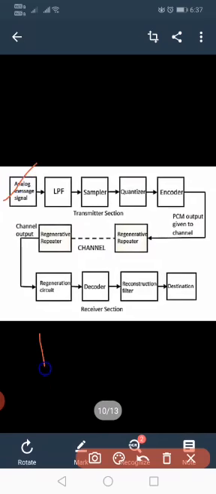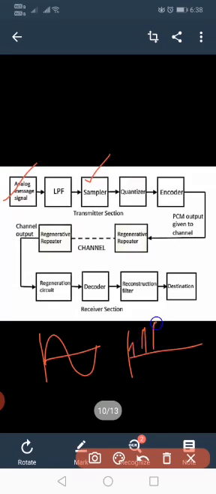We already know an analog signal is a sinusoidal or continuous waveform. In general, physically existing signals are continuous time signals. But if we want to process the signals, we need to convert them to discrete form. So for that we use a sampler here. Sampling means converting a continuous time signal to a discrete time signal. These are the sampled signals.